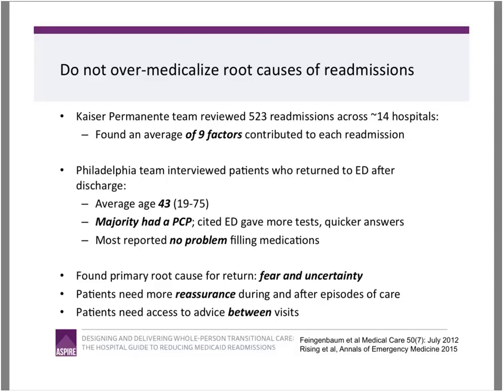The Philadelphia team interviewed a case series of bounce backs to the emergency room, and what they found in people who had been seen in the emergency room and then came back soon thereafter was that the average age of these patients was younger, 43. The majority had a primary care physician, and the majority reported no specific problem in affording or filling or obtaining medication.